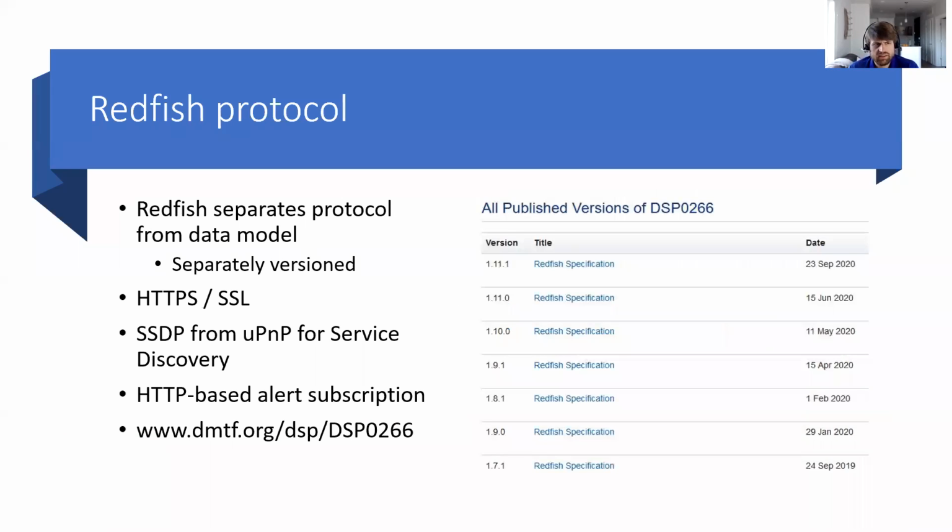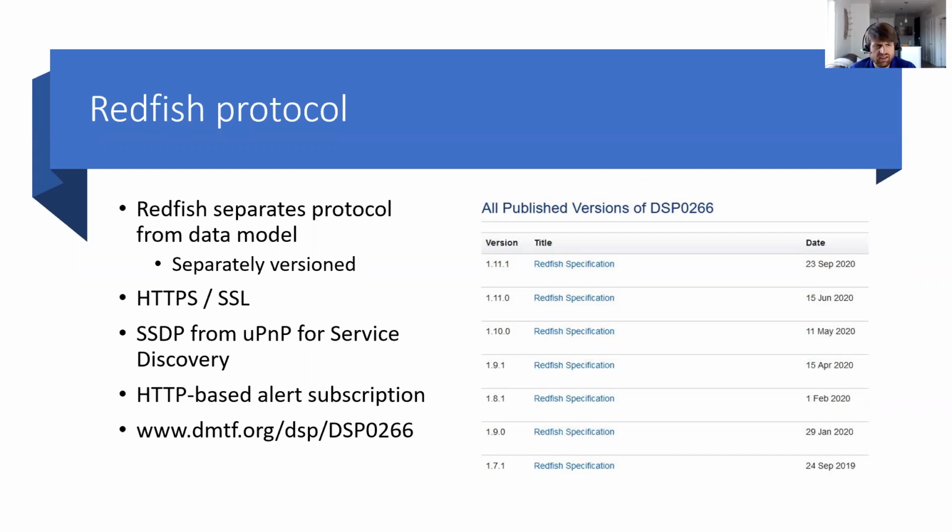So talked about this some already. The Redfish protocol. The Redfish protocol's versioned separately. It's versioned off of the service route, which I'll show later. HTTPS, SSL for data transport. Redfish chose SSDP for service discovery because at the time they believed it was the most widely used protocol.